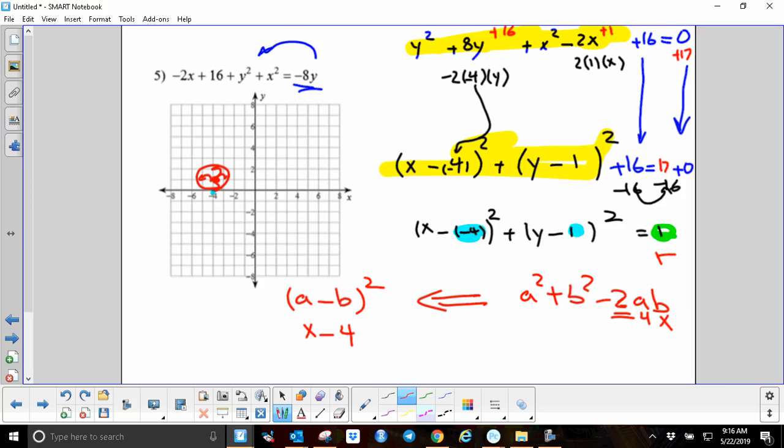What number was it? We got it wrong. It's 1 and negative 4. Why? I'll put the question.